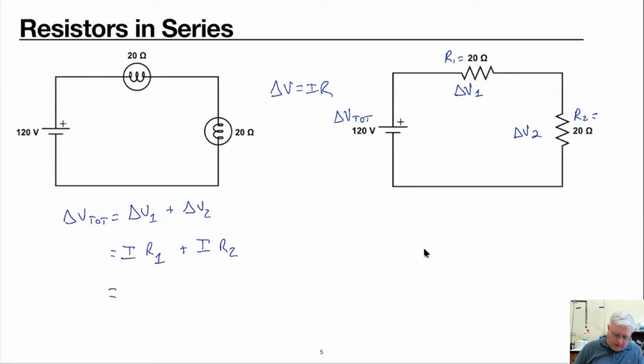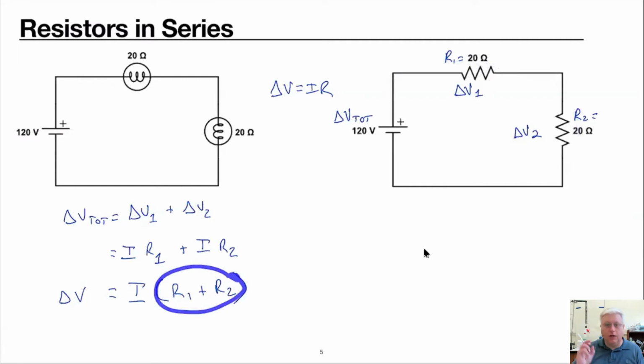So, since I is the same, we can pull that out. We can factor it out. And so the total resistance through the circuit, between one end of the battery to the other, is just the sum of each of the resistors.